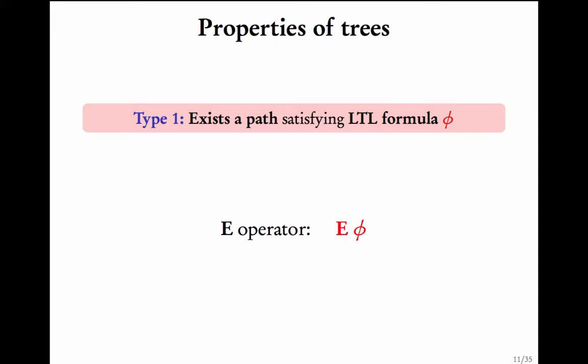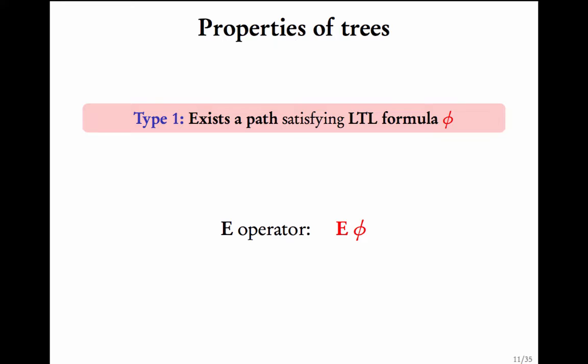The notation for this is E. E stands for exists a path, and then you follow it up with an LTL formula. E phi tells that there exists a path which satisfies the LTL formula phi.